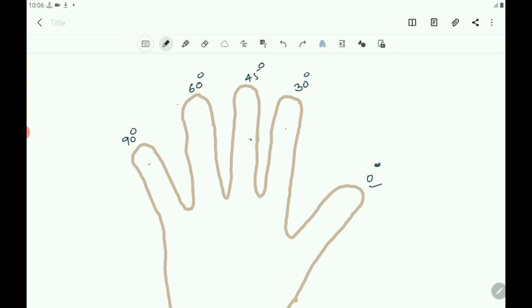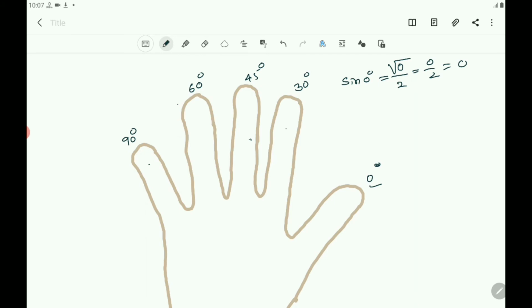First let us take for the sine, you take sine 0. Sine 0 degree, here we have to take sine 0, and number of fingers in this direction, no fingers, so here number of fingers are 0, that is square root of 0 divided by 2, then it becomes 0 by 2 equals 0.